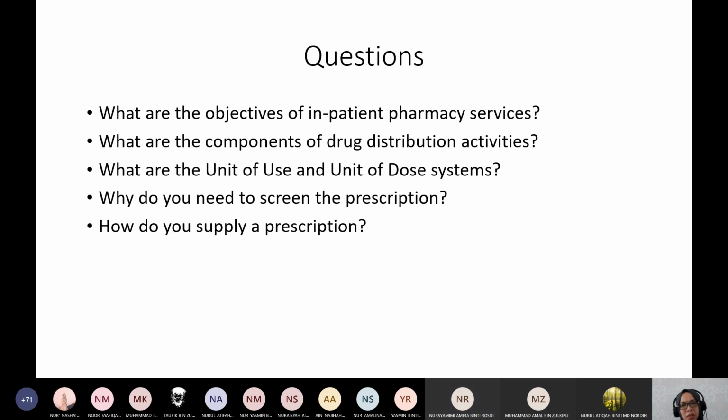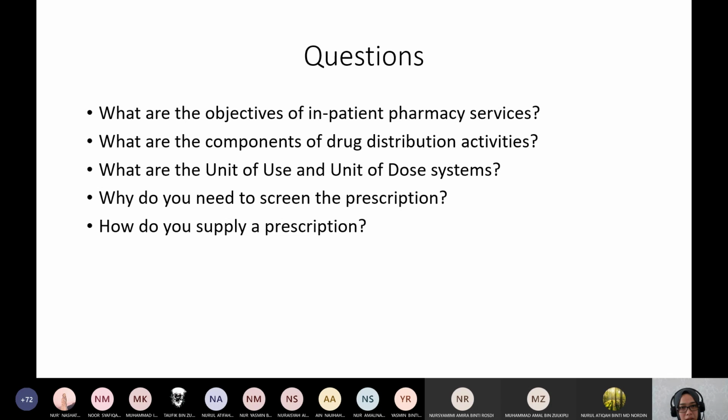Okay, so there is a method for drug distribution activities, right? There are two. There are medication trolley with prescription, and also what else? Emergency trolley or floor stock, right? That is sent to the ward without any specific patients.